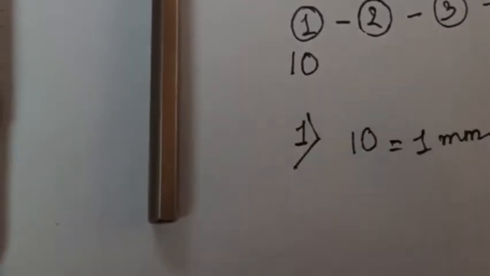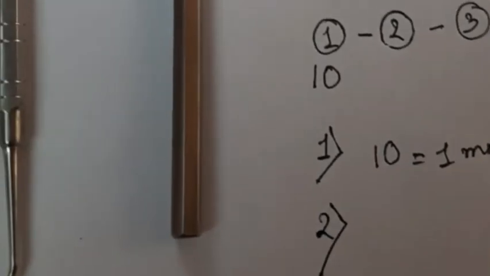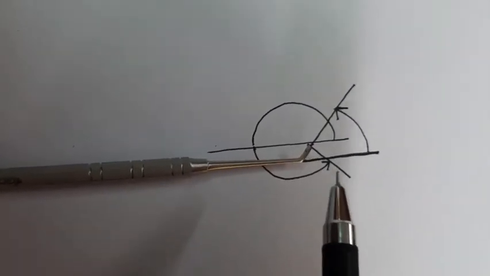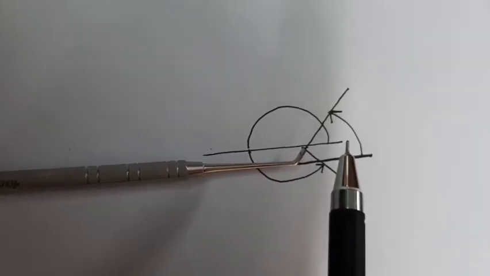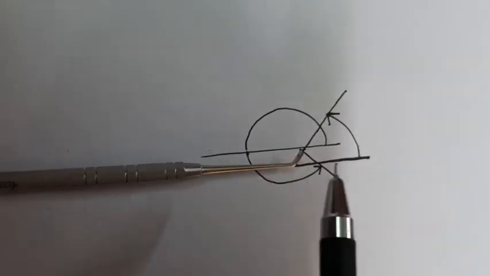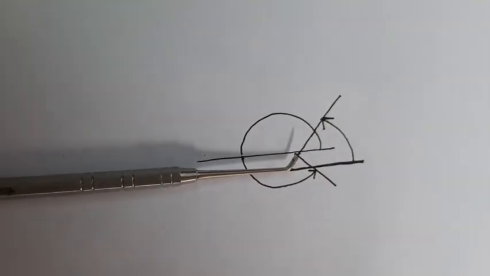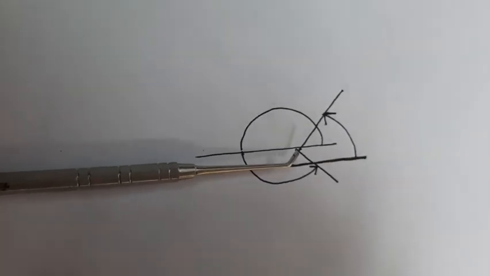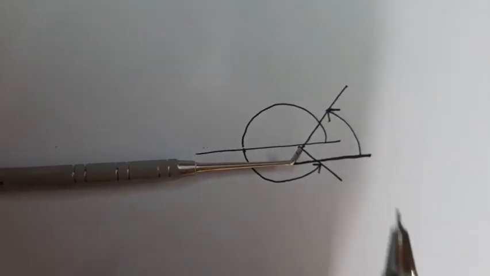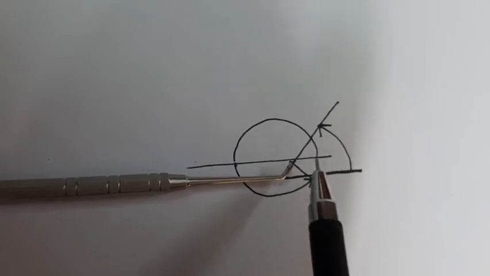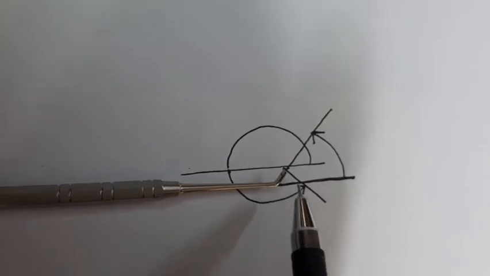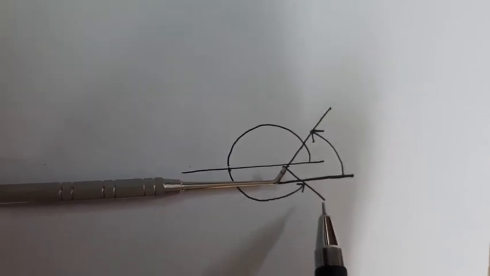The second number gives the angle of the cutting edge. So I have just extended a line from the cutting edge and I have drawn a line parallel to the long axis of the tooth. The angle of the cutting edge is found by counterclockwise rotation of the line parallel to the long tooth axis to the extension of the cutting edge.